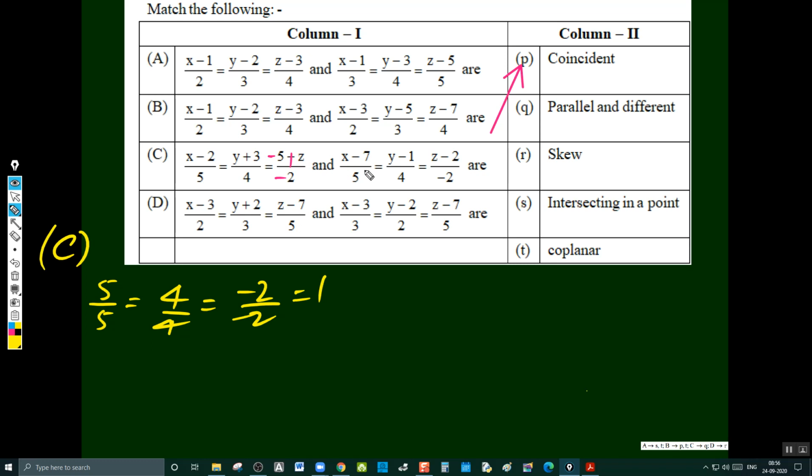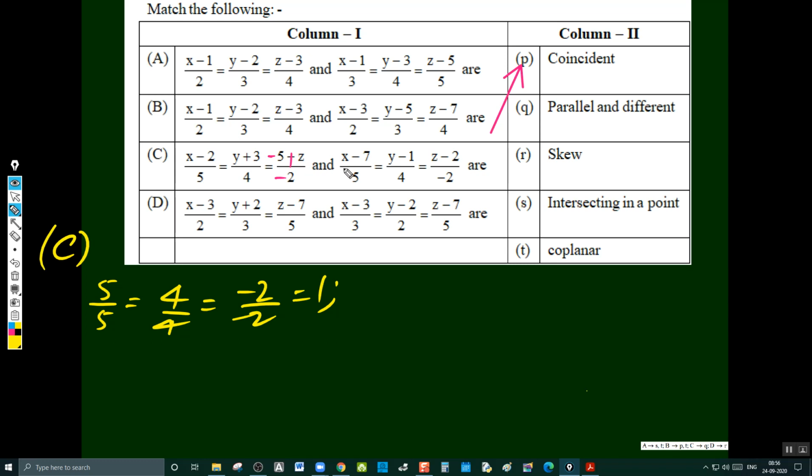And whether they are different or not, how to check it? Just now I explained to you. Take the point of the first line and substitute in the second line. The point on the first line is 2, minus 3, 5.